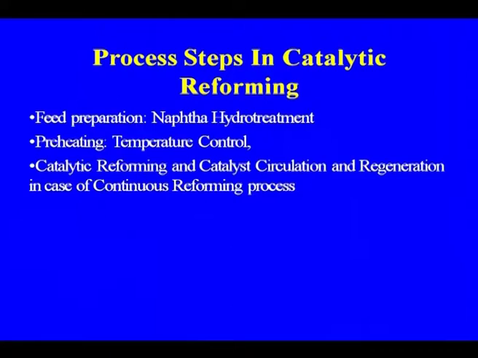Let us now discuss the various steps involved in the catalytic reforming process. First thing is feed preparation, naphtha hydrotreatment, because in case of naphtha a lot of impurities are present, especially sulfur compounds, nitrogen compounds, and some metals which are catalyst poisons.